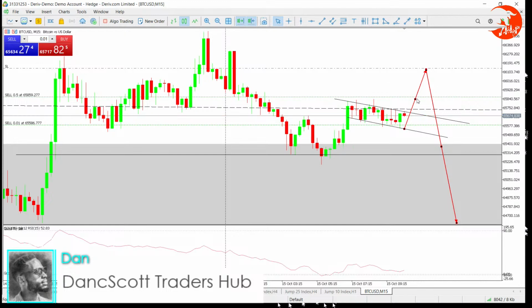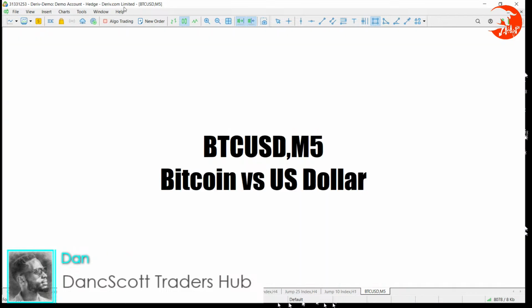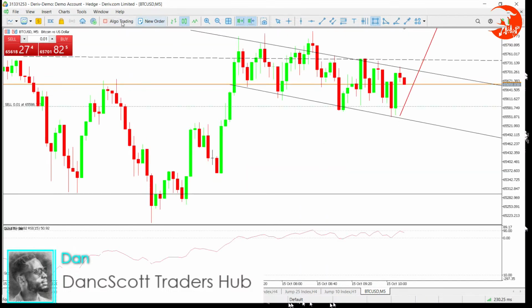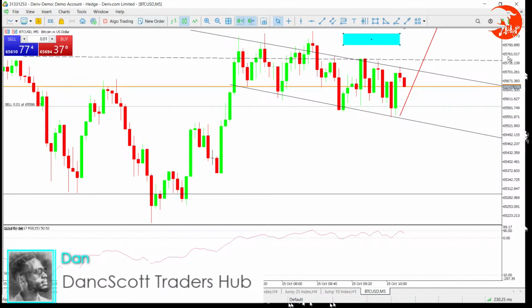But before I do that, I want to measure this. So this is where I would anticipate my point of return, or if there's a breakout and anyone wants to enter that buy, you would take your profits around that area. It will probably be an M5 area.